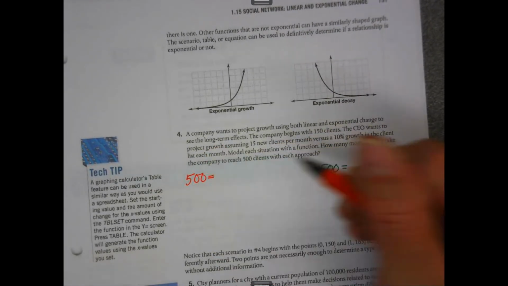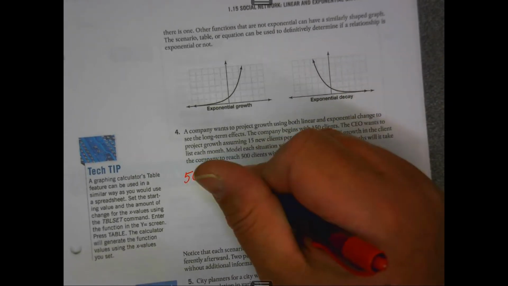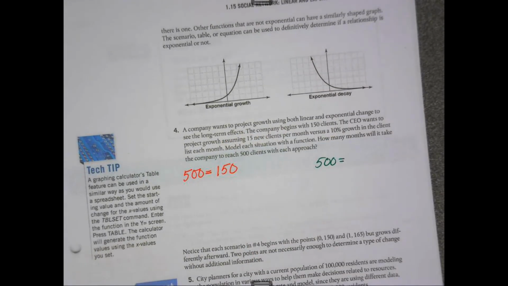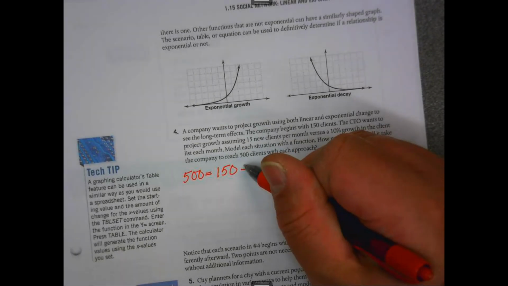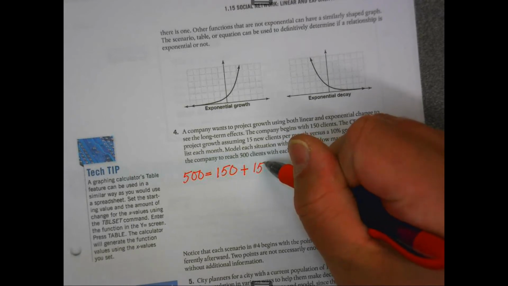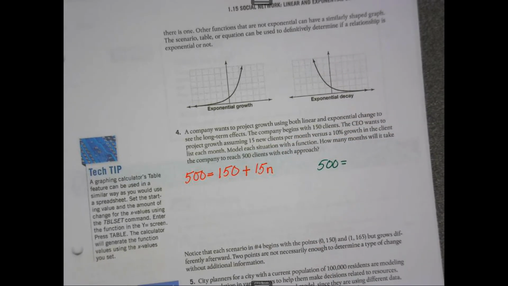For the arithmetic sequence, it begins with 150 clients, and we want to add to it 15 new clients per month. Okay, let's solve for n.